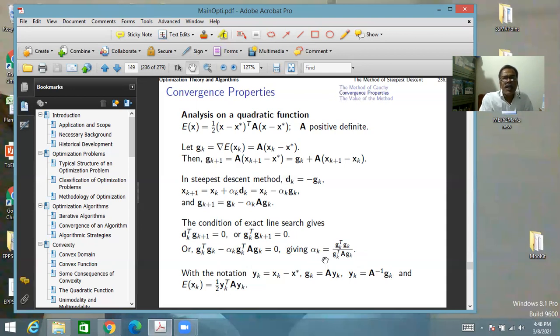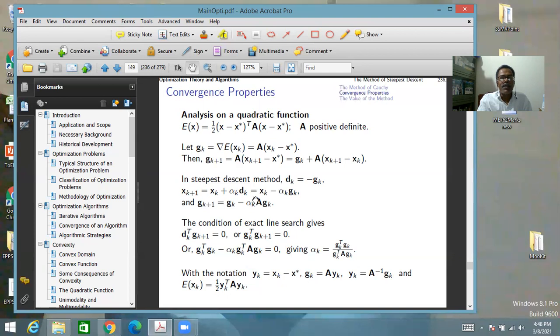Now, this alpha k expression we will use. And a few other things also for which we do these notations, to make our analysis a little crisp. Okay, for brevity, this xk minus x star we call yk.